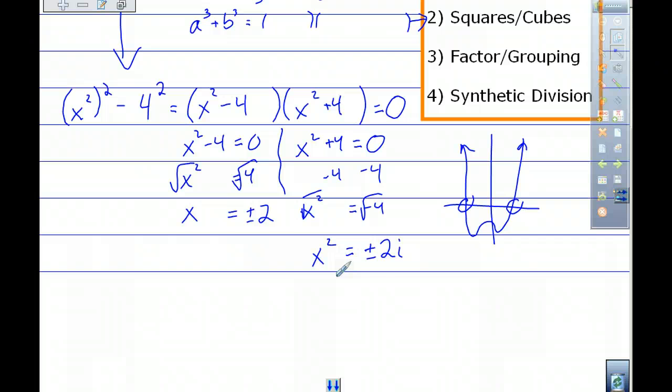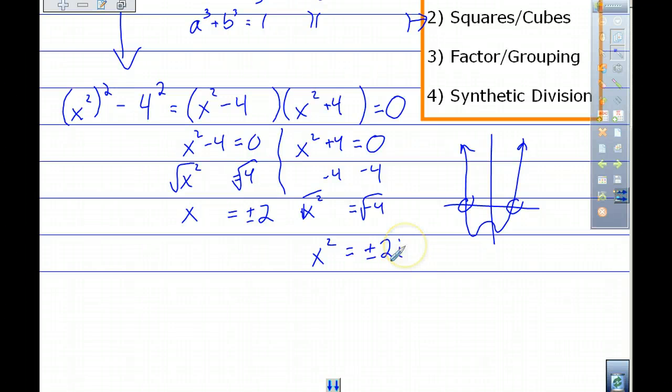Okay, so 1, 2, 3, 4 roots total. Got all 4 of them. And of course, we might need to do some factoring by grouping if there's 4 terms. That's how you know to use grouping, if there's 4 terms. Factoring, I'll give you an example in a moment. Okay, good. Anything else? That's good.